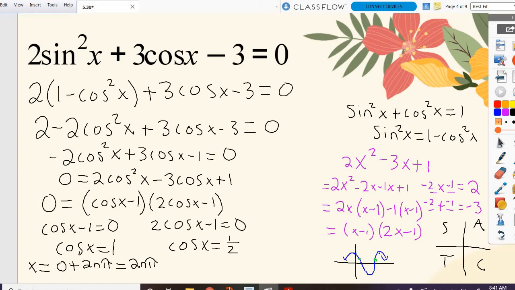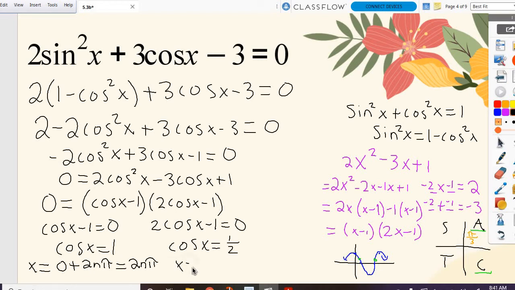So because we have a positive 1/2, we're looking in our first and our fourth quadrant. And this time, since cosine is what equals 1/2, we know that we're looking at pi over 3's this time instead.